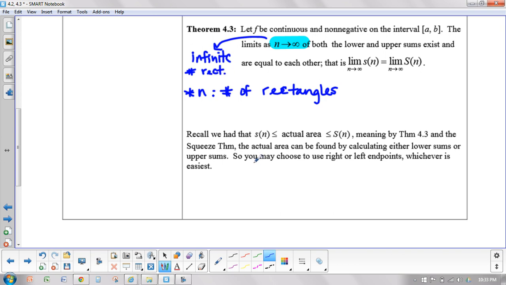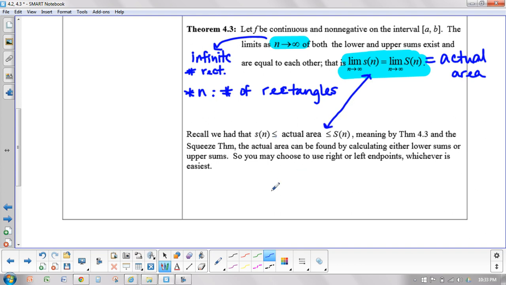If you take an infinite number of rectangles, then it should make sense to you that as you take limits, the lower sum and upper sum limits should be equal to one another, because it should turn out to be that the lower sum limit and the upper sum limit, if you have an infinite number of rectangles, would actually equal actual area. They would be perfect. They wouldn't be too big anymore. They wouldn't be too small anymore because you would have so many rectangles in there that your error would go away. So it's just connecting these ideas.